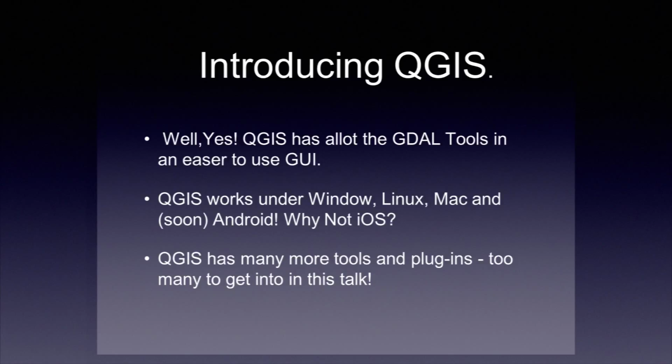QGIS got its original start, I think, as a front end for GDAL. It also handles many other functions, but the idea behind QGIS, which is written basically by the same group that wrote GDAL, is to have a nice graphical user interface, like a graphics editor that incorporates GDAL functionality into it.